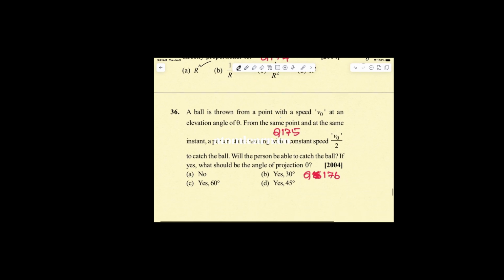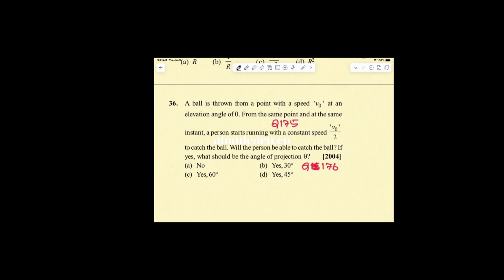Okay. Next question, 175. A ball is thrown from a point on the ground with a speed v0 at an elevation angle of theta. From the same point at the same time, a person starts running with a constant speed v0 by 2 to catch the ball. Will the person be able to catch the ball? If so, what should be the angle of projection?